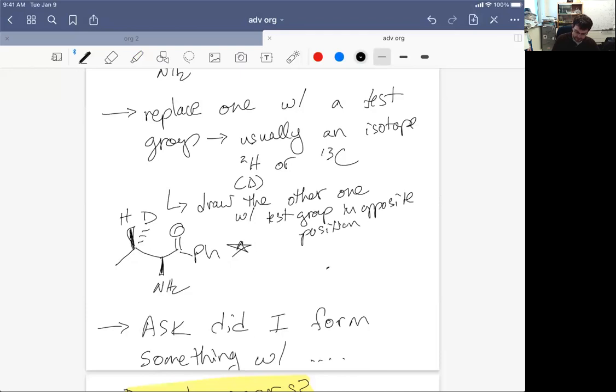Sorry, I'm going kind of fast through this, but I just realized this is an easier way to learn this. What I'm saying is we draw a circumstance where the dash is a deuterium and the wedge is unreplaced. And then we draw what I've just drawn, a circumstance where the wedge is replaced and the dashed is still a hydrogen.